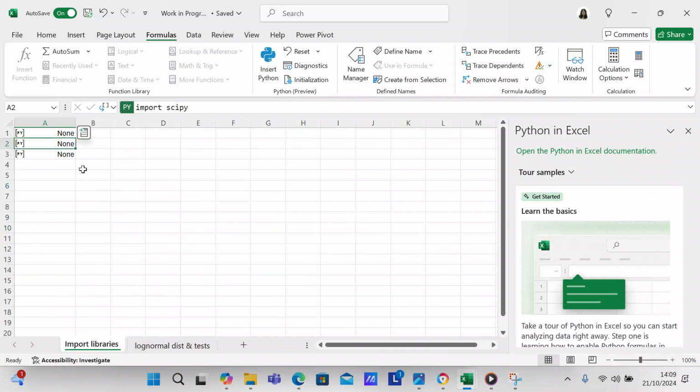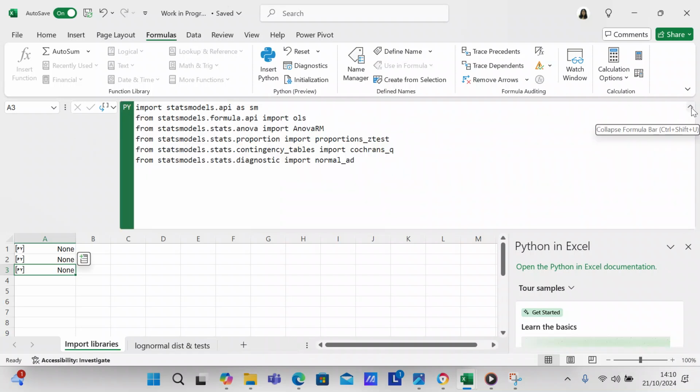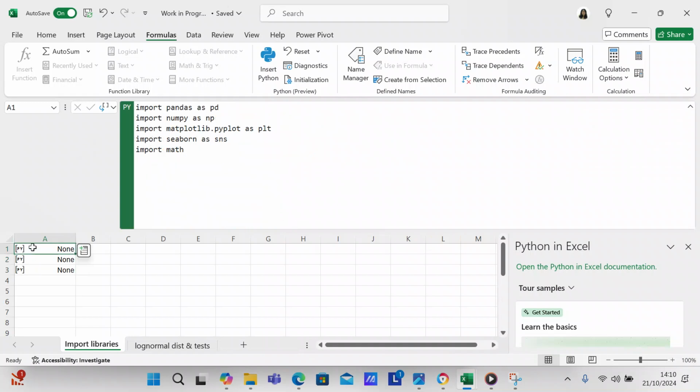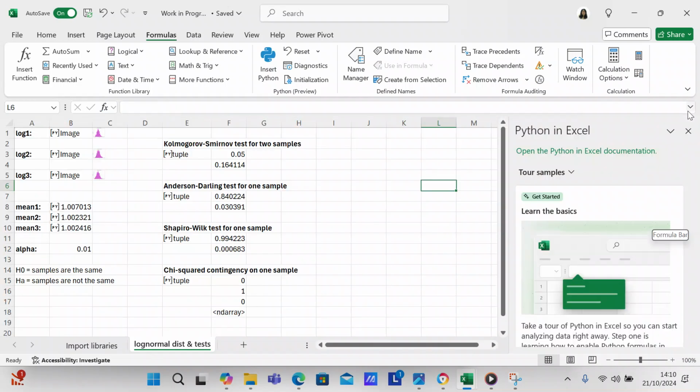One of the libraries we're going to be importing is statsmodels. So make sure you've got the appropriate statsmodels library imported, the appropriate SciPy libraries imported, and then pandas, numpy, matplotlib, and seaborn. You need to make sure that you have the libraries that you need imported.